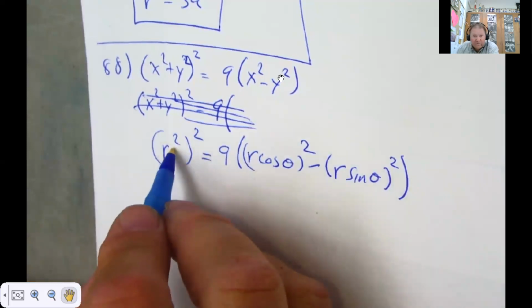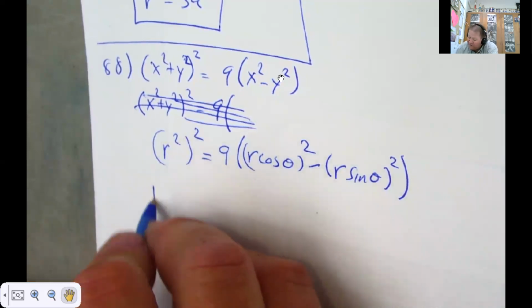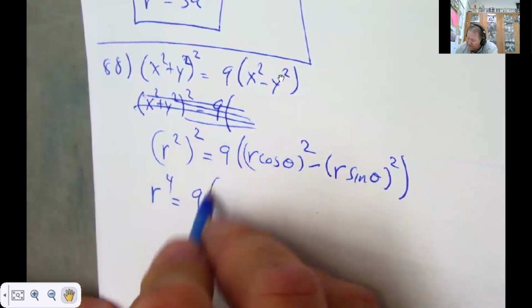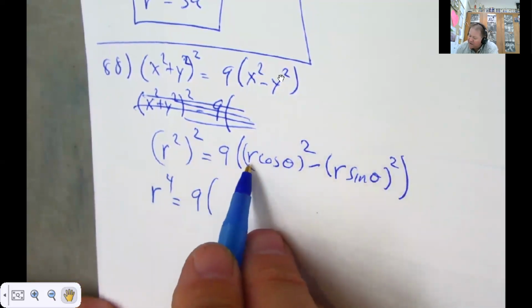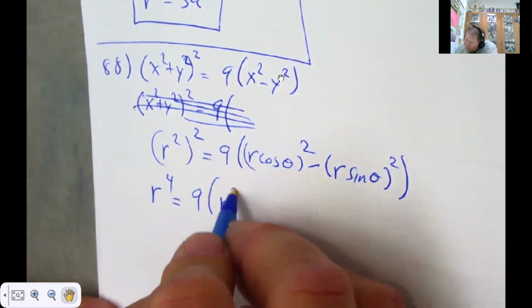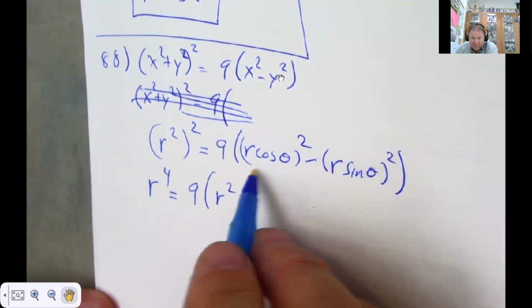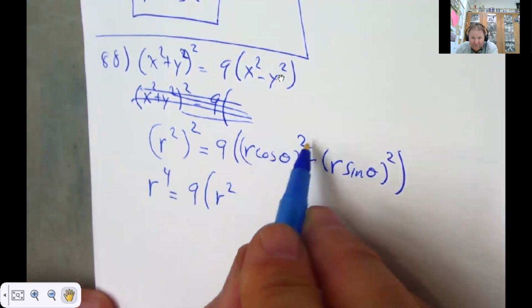Now, r squared squared, this is where you multiply exponents. So r to the 4th is equal to 9 times. Let's do one more step first. Remember, if you have a times b to the m, that's a to the m times b to the m.